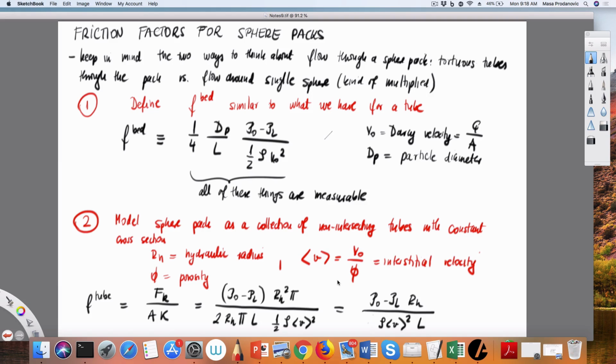I'm going to use my definition of RH because I know that for sphere pack. If you remember, we derived it for Kozeny-Carman. And then at the end I'm going to substitute different flow regimes for tube, because I know that from all of the work that has been done on tubes, in different flow regimes I can have different expressions. So I'm going to use what I know about tubes, even though it's an imaginary tube, and fit it in.